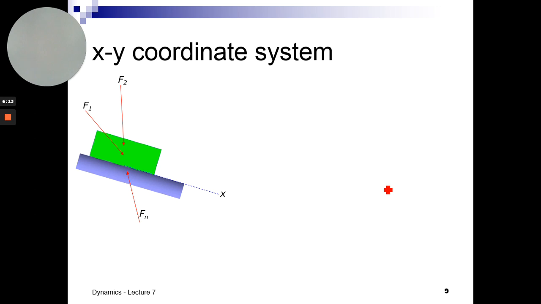We have to draw the X and Y axes. We draw the X axis along the surface of the plane, and the Y axis perpendicular to the plane.